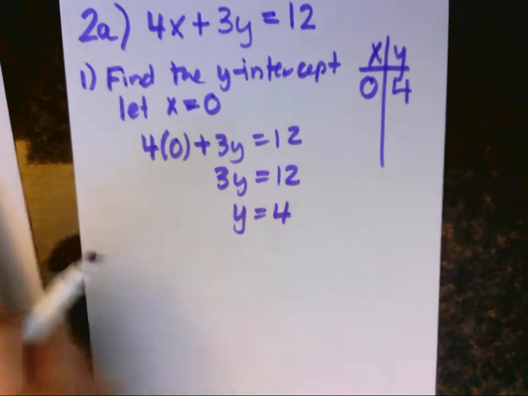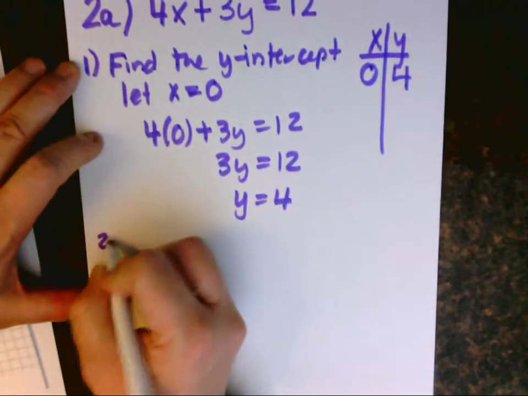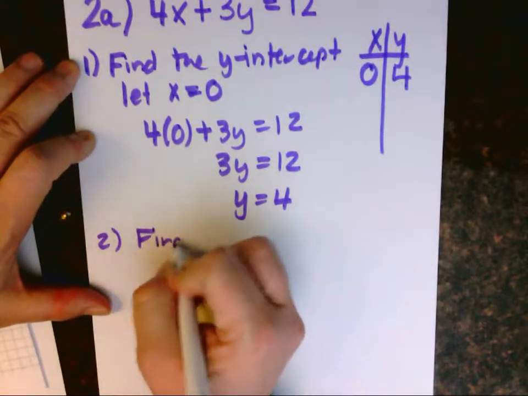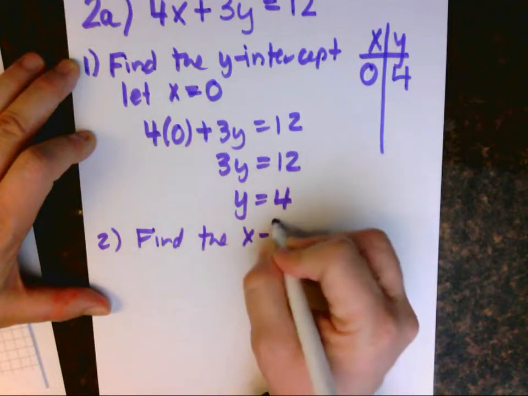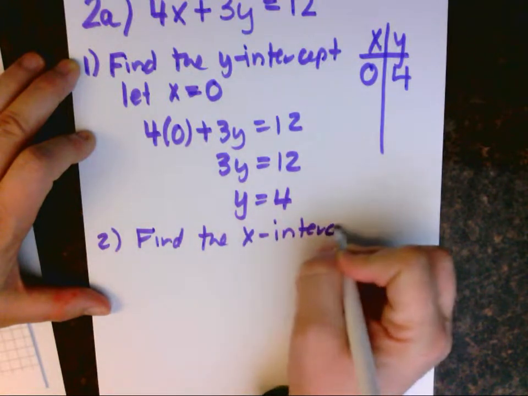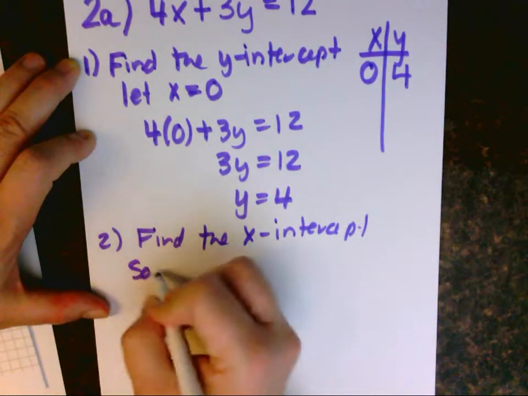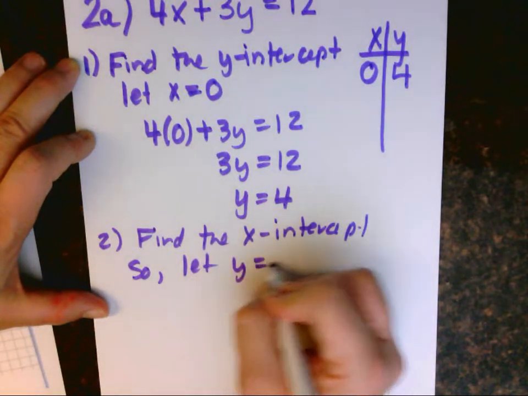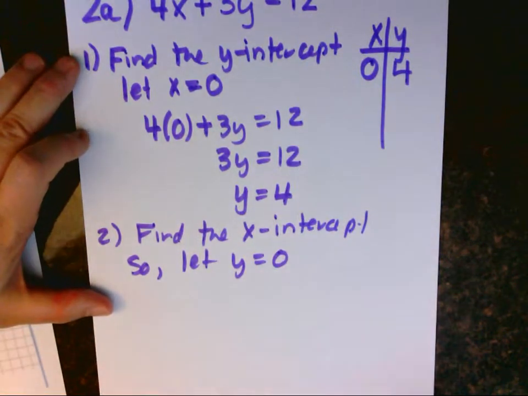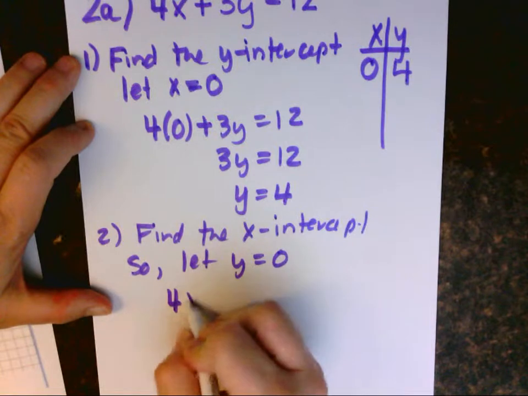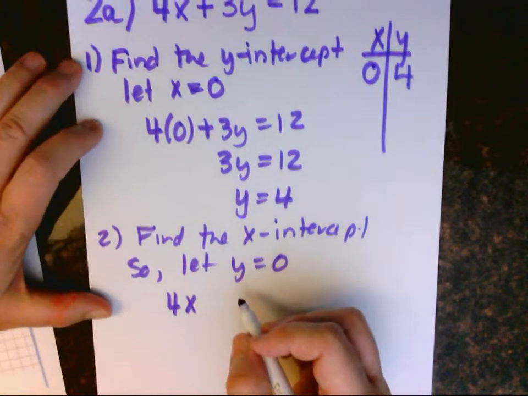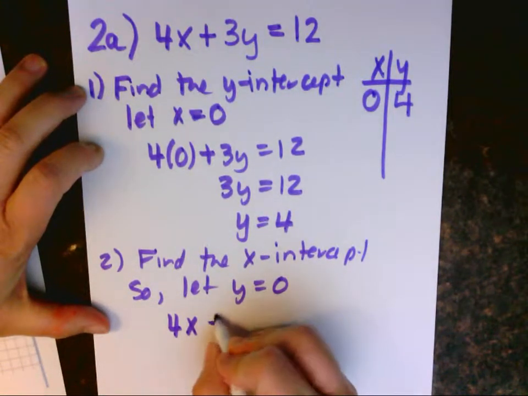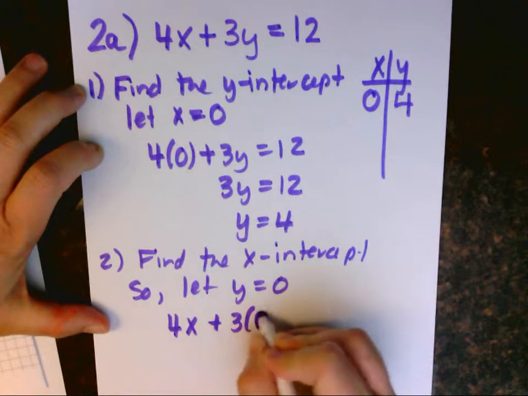And now the other thing they wanted us to do is, second, to find the x-intercept. So let y be 0. We take the equation at the very top of the page, and we replace the y with 0.